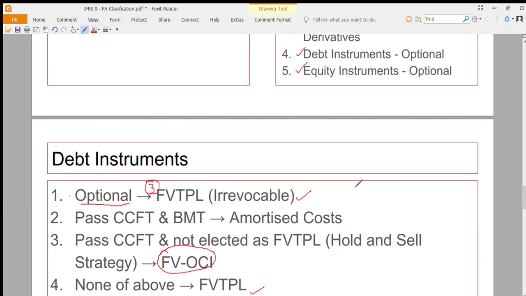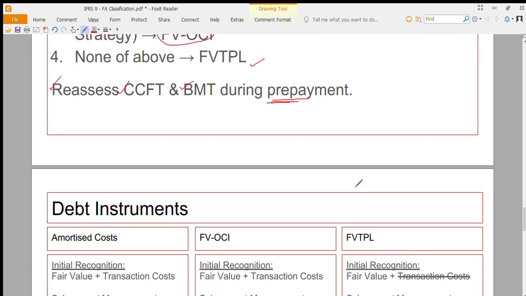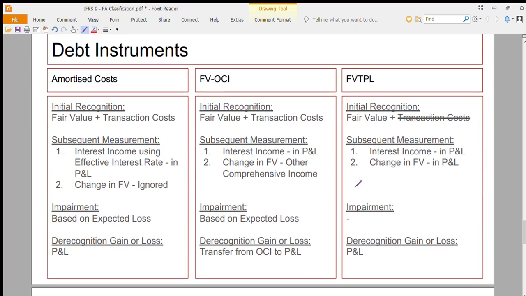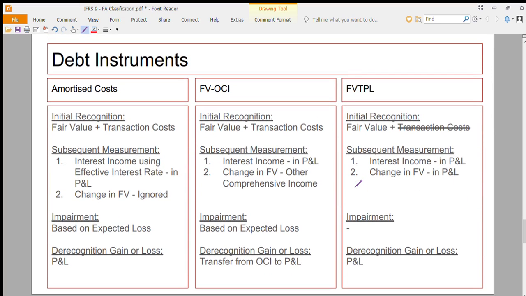Okay. Why do we have to worry about all these classifications? Because classifications will determine what will be the accounting treatment for these assets. So what will happen if you classify an asset under this category? Let's look at it. Initial recognition.